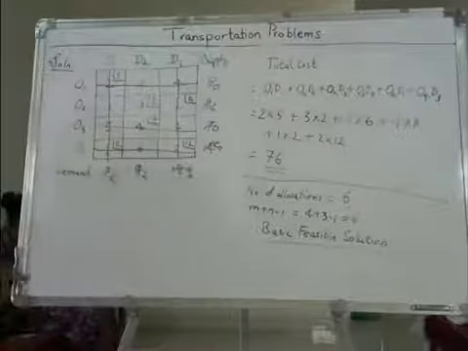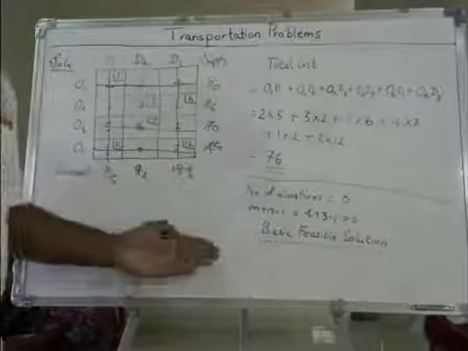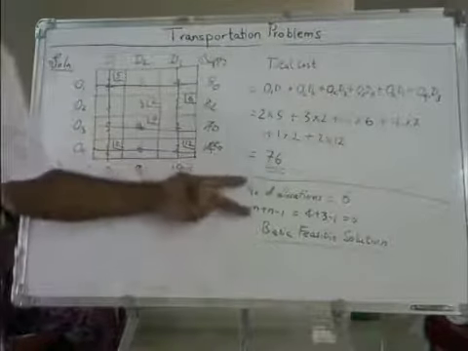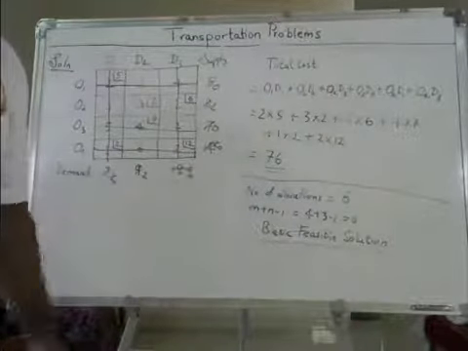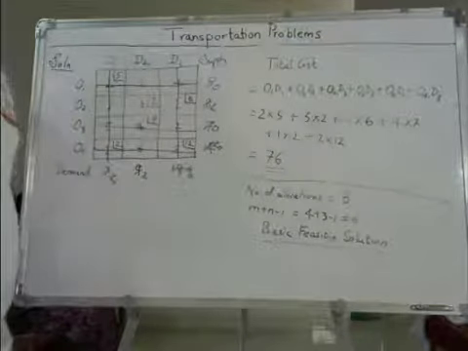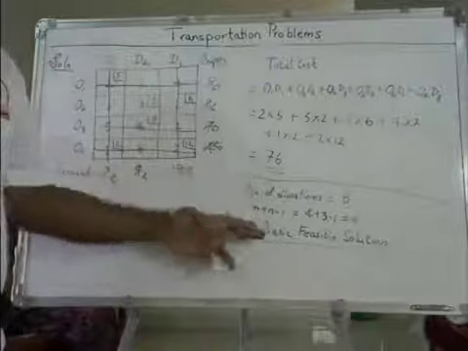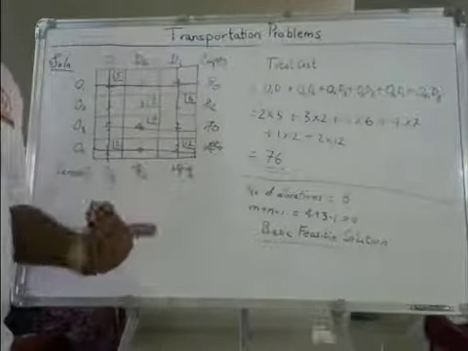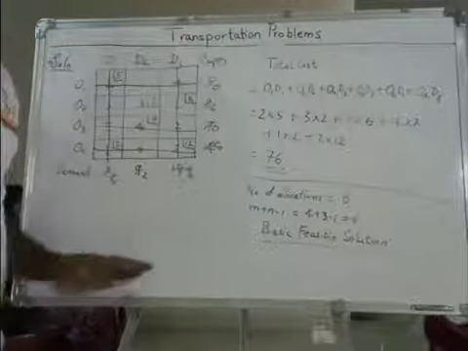Only when it is a basic feasible solution can you go ahead with the optimality test. If it is not a basic feasible solution, if both the things are not equal, then it is called a degenerate solution. So actually we have got the right thing, that is a basic feasible solution. If they ask, then you can go with the optimality test. Otherwise you can leave it here.